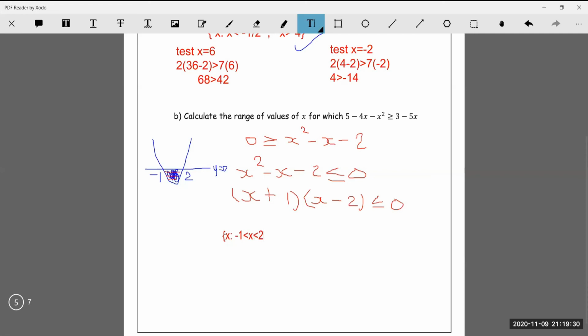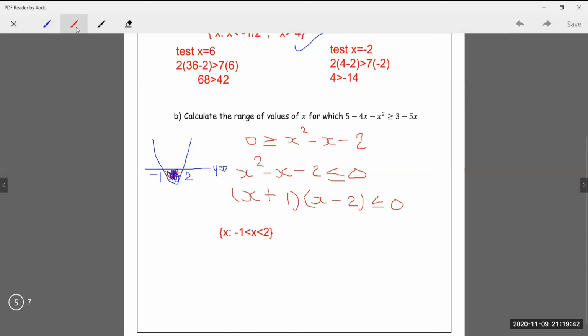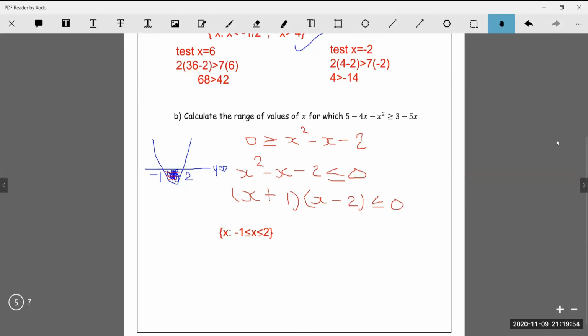Now, of course, I left off the equal to right here. And so right here, just need to underline that portion. So x is between -1 and 2. That's your solution. Very easy.